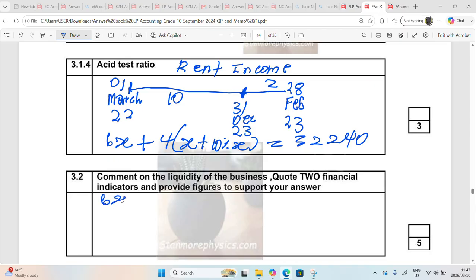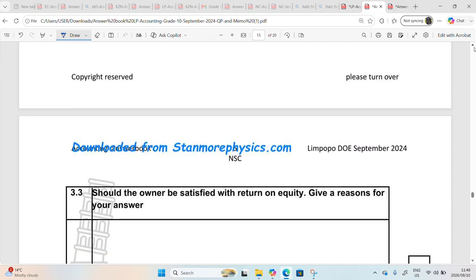So you'll have 6x, 4 will multiply x there, you'll have 4x, and 4 will also multiply that 10% x. Let me press my calculator as well. So on my side I have 0.4x equals 32,240. Now we just need to solve for x.